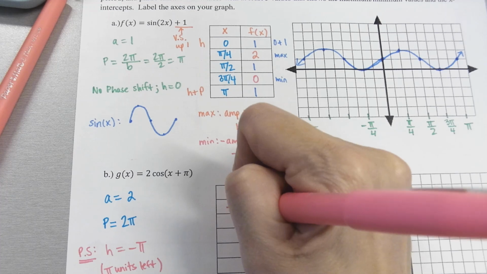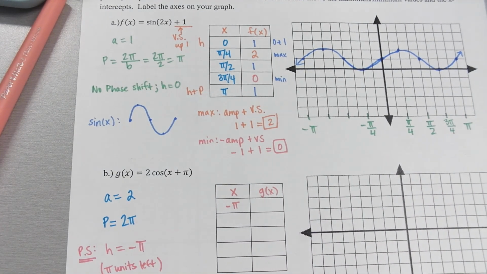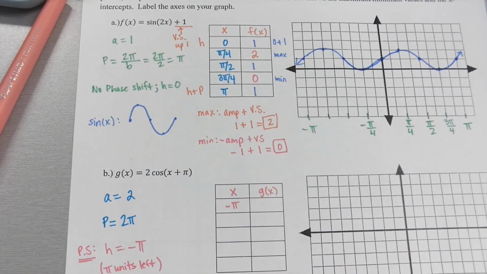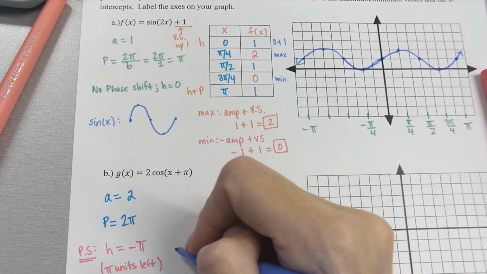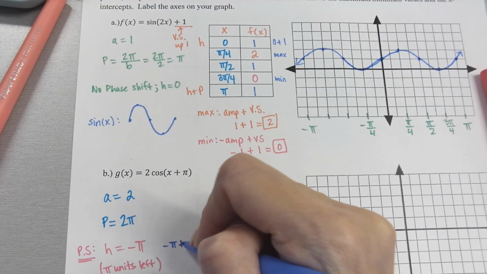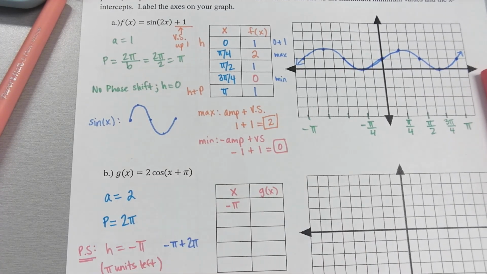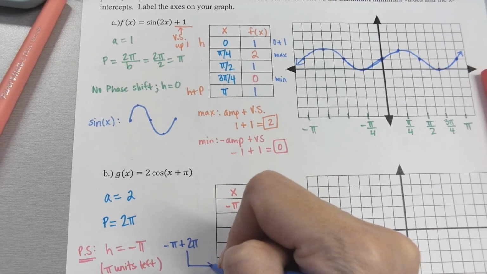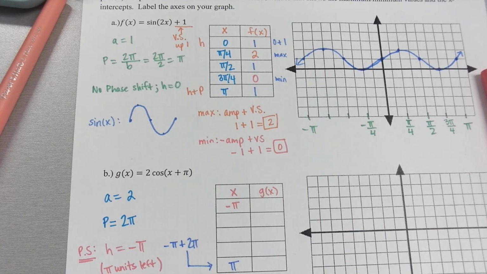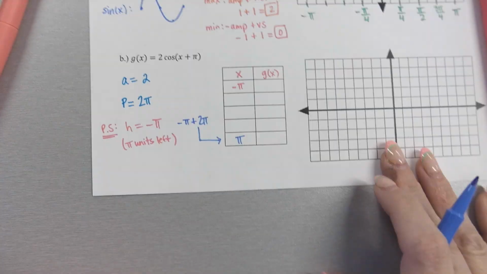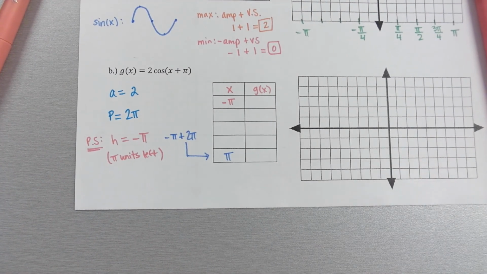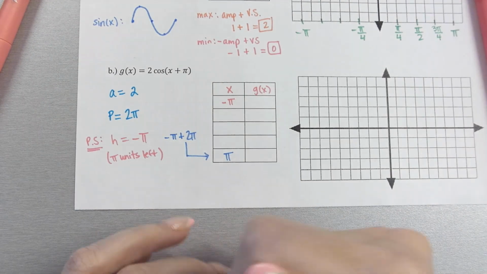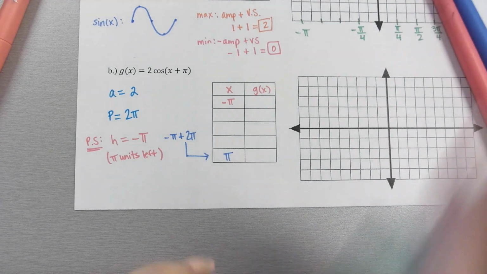So we're going to start at negative pi. We always start at H, and then we're going to end at H plus the period. If we do negative pi plus the period, negative pi plus 2 pi is pi, and then halfway in between negative pi and pi is 0.